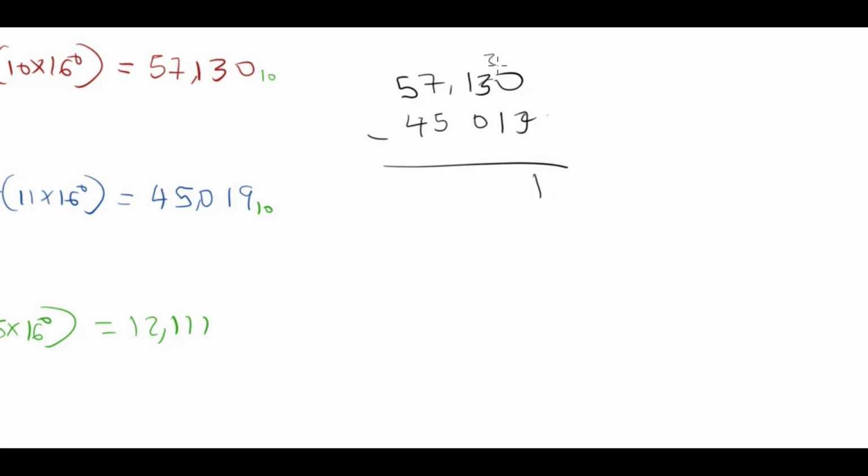This is 2. 2 minus 1 is 1. 1 minus 0 is 1. 7 minus 5 is 2. 5 minus 4 is 1. So it is 12,111, and this is what you got. So all these are base 10. So our hexadecimal subtraction is correct. Okay.